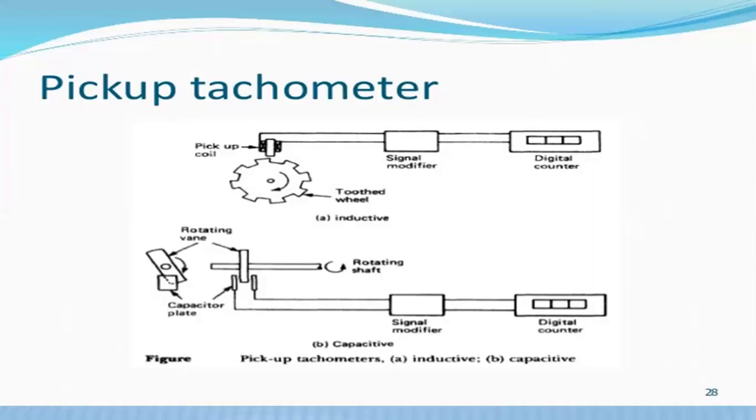It will sense the speed of the toothed wheel and pass the signal to the signal modifier. That signal modifier automatically shows the digital reading by using the digital counter. So that is the inductive transducer.